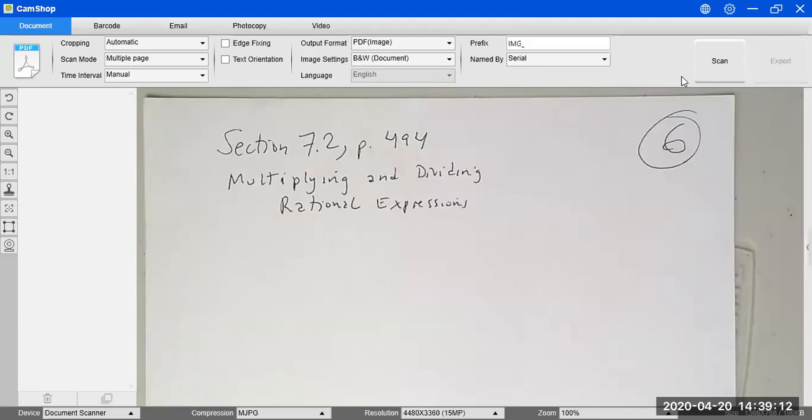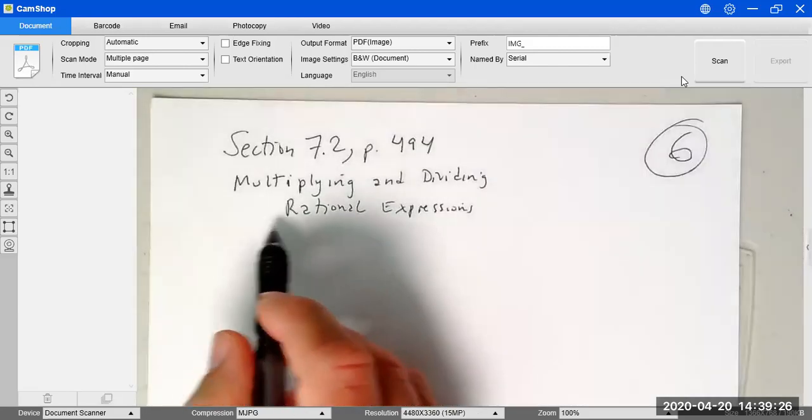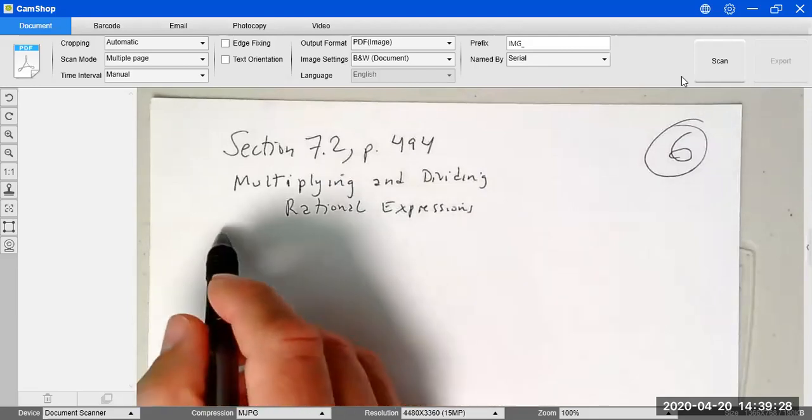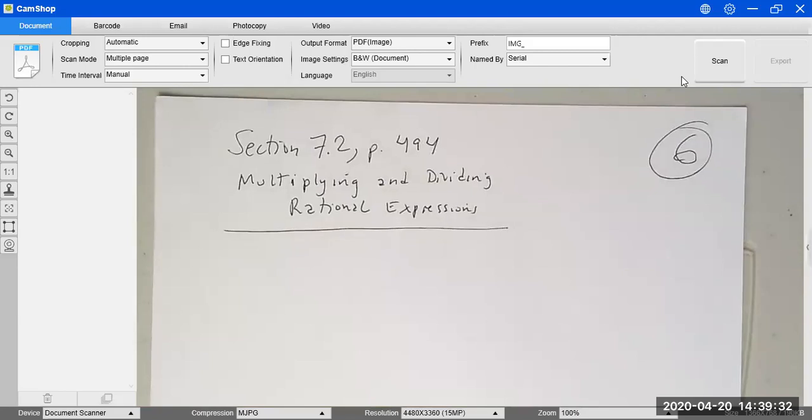So now section 7.4 and the next ones are going to be about rational expression math. So we're going to do multiplication, division, addition, and subtraction. We're going to start today with multiplication and division, and later in the next session we're going to have addition and subtraction. So what are the rules?